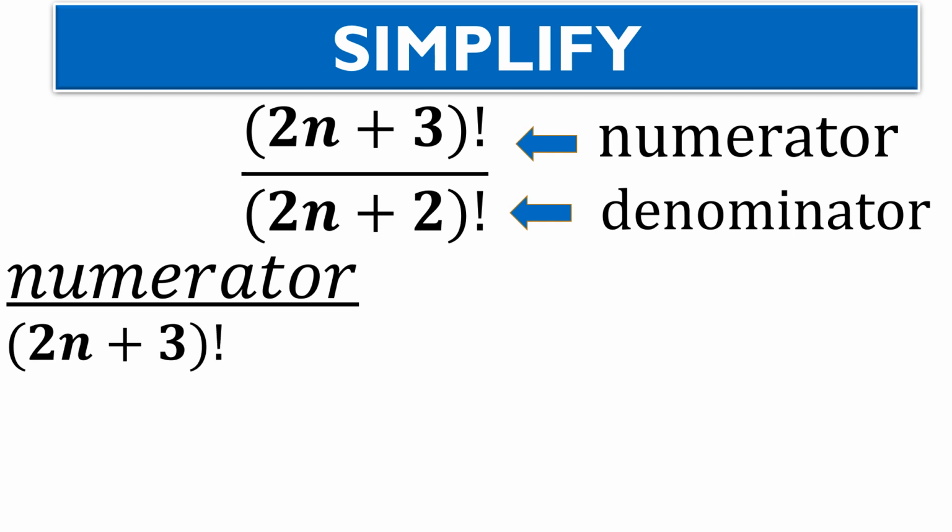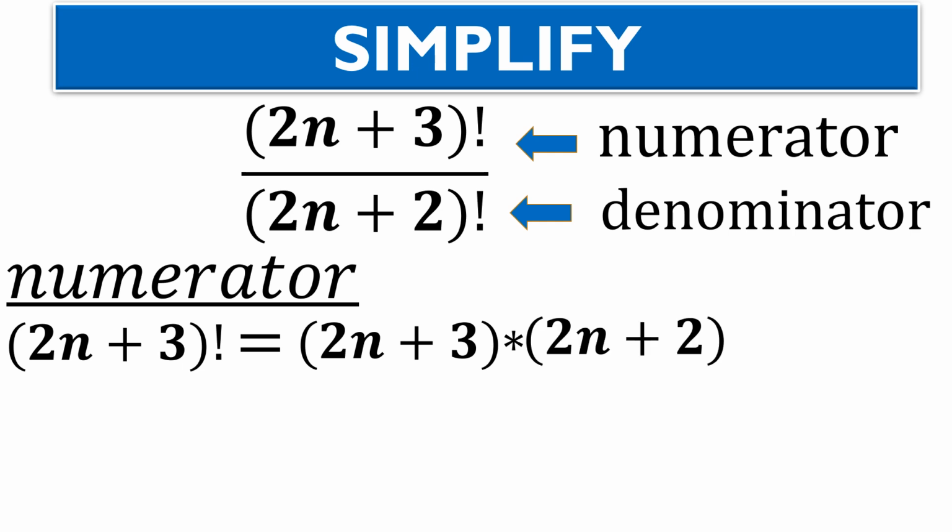So we have (2n + 3) factorial, which is equal to what? We start with 2n plus 3, and then we multiply it by a value one number less than that. So you have 2n plus 3 and you subtract 1, and you're left with 2n plus 2.